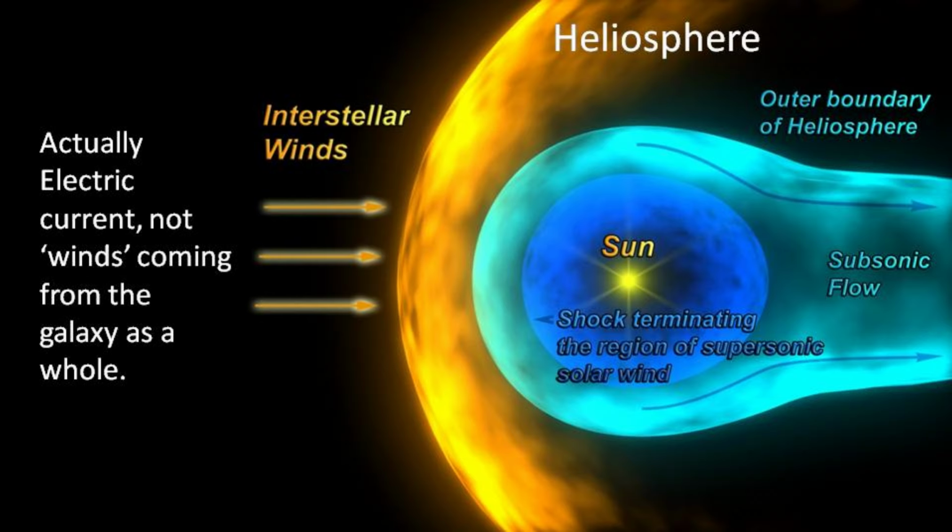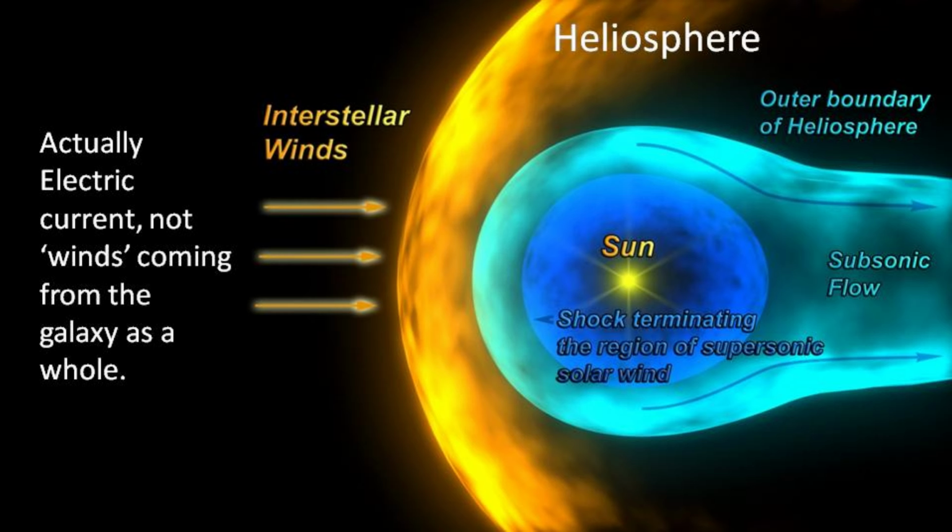Now, you've seen talk about the solar wind, and when you pick up any book on astronomy, they talk about this wind. It's not a wind, it's a current, and currents carry energy, and currents are affected by electric fields.